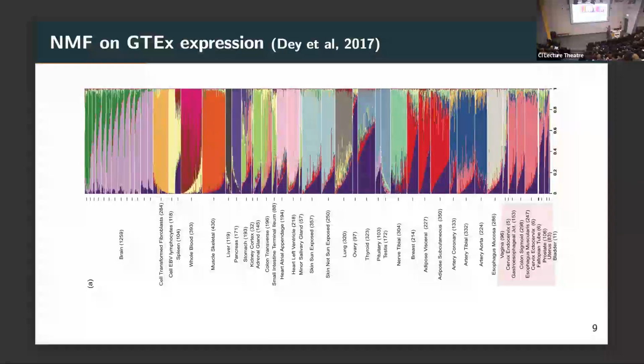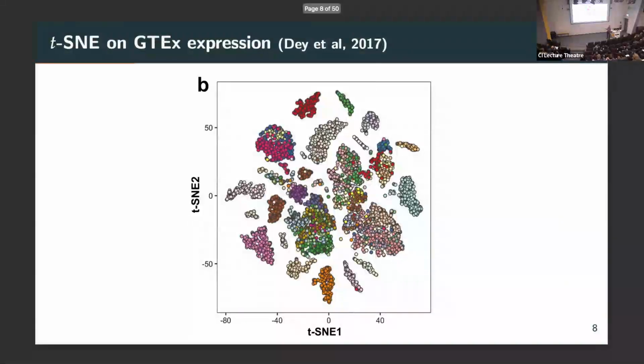So what you're seeing is that this component that's common in the esophagus is also present in the artery here. And that makes some sense biologically because arteries actually use some of these smooth muscle genes to help propel things through them. So that's a thing that is very difficult to see from a picture like this.